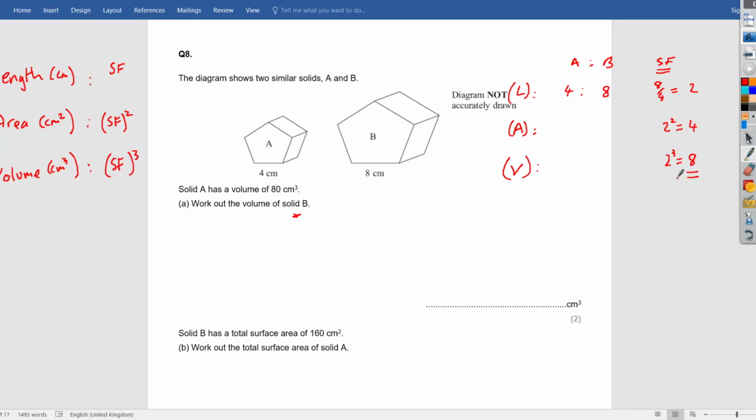So the volume of this bigger shape is going to be 8 times the volume of this shape. If A is 80 centimeters cubed, my volume for B is going to be 80 multiplied by 8. 8 times 8 is 64, put the 0 at the end. That will give me 640 centimeters cubed. So the volume will be 640.